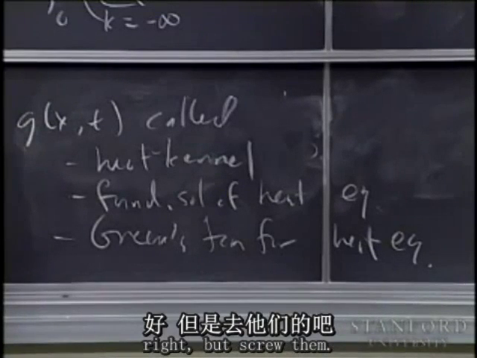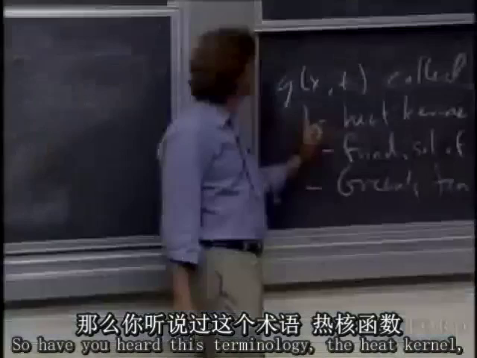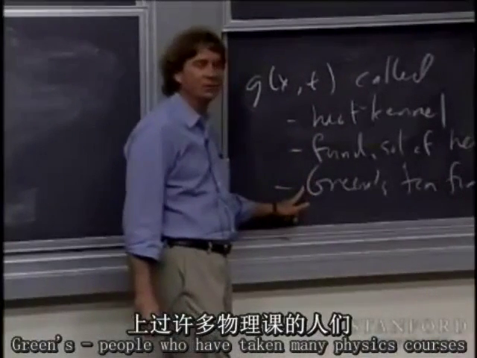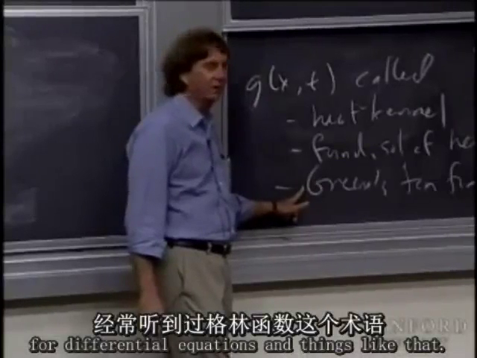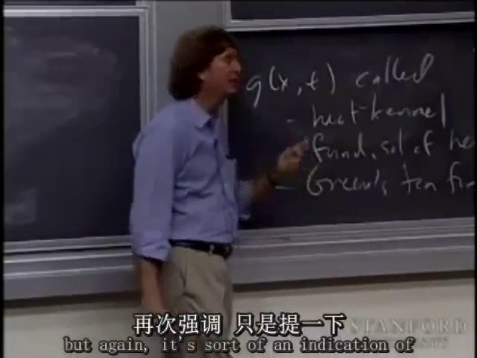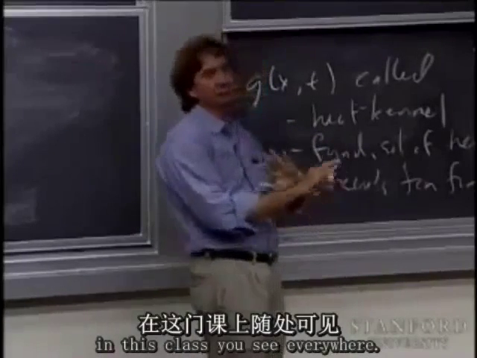But screw them. Oh, excuse me. All right. And how about this terminology? Have you heard the heat kernel, the fundamental solution, the Green's function? Most people who've taken many physics courses have often heard the term Green's function for differential equations. You may have seen that. And I'm not going to make a big deal out of it, but it's an indication of the kind of techniques and ideas that come up in this class, you see everywhere.